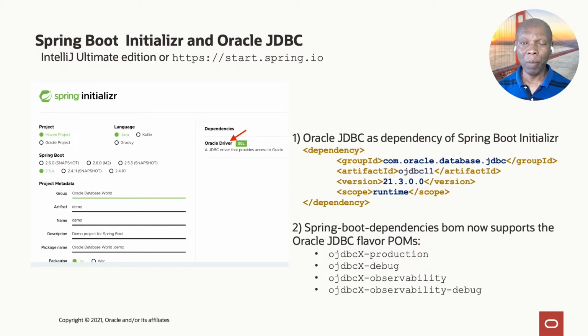So the recommendation here is, instead of pulling OJDBC 11, we recommend pulling OJDBC 11-production. This is a set of pre-established dependencies that gives you all the jar files you will need in production. You have the same thing for debug, observability, etc.